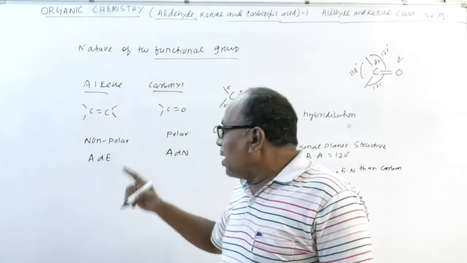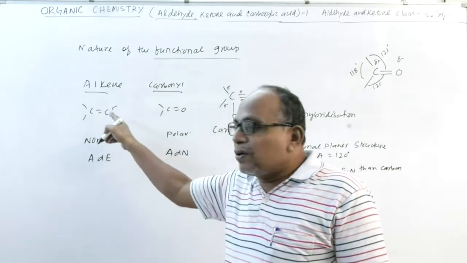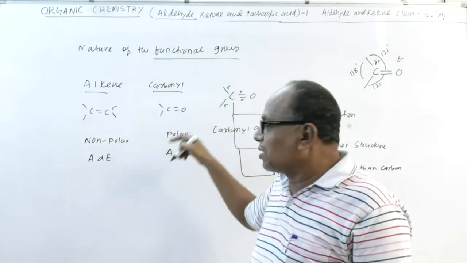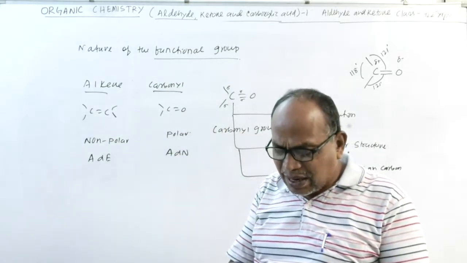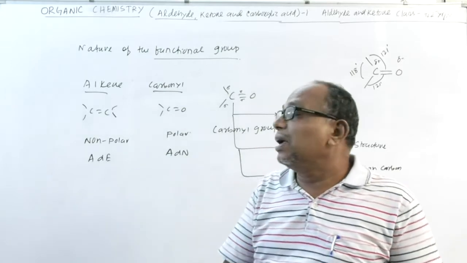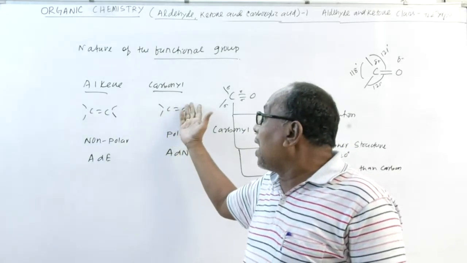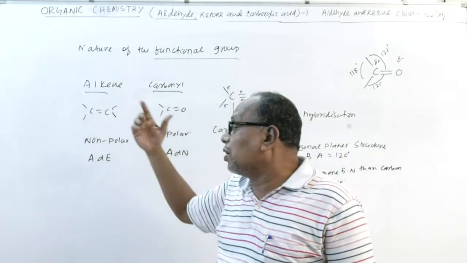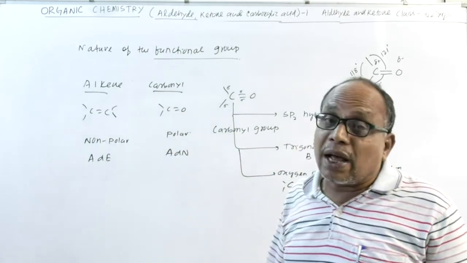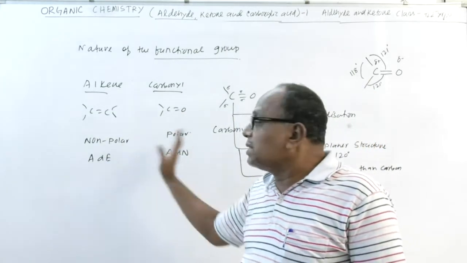As these are non-polar, the melting point and boiling point of such compounds is low, but the melting point and boiling point of such compounds is more. So this is some difference between alkene and carbonyl group. Alkene possesses a carbon-carbon double bond, and carbonyl group a carbon-oxygen double bond. The difference is there.